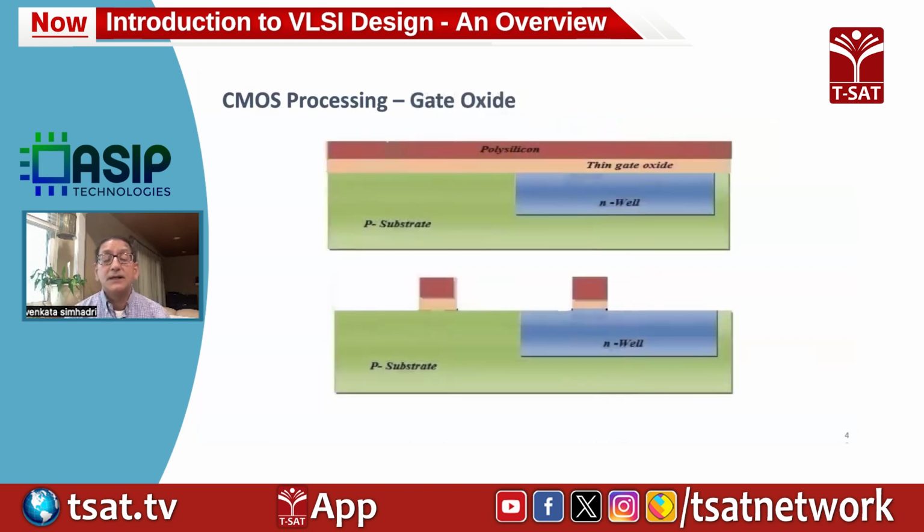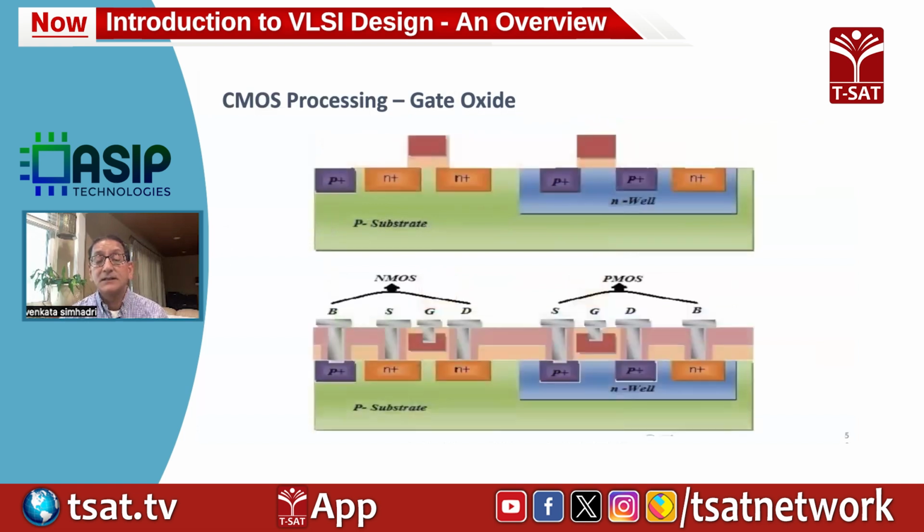Then similarly you create gate oxide and polysilicon to create the gate regions for the PMOS and NMOS transistors. Then you implant P plus and N plus to create the sources and drains. And then you go through the metal depositions to create the interconnects between them. So I've given you a very high level overview of this.